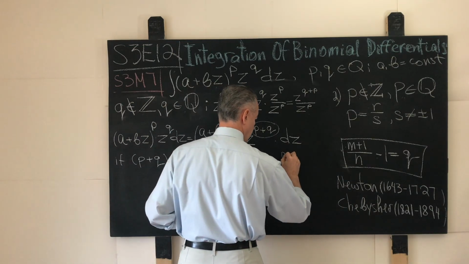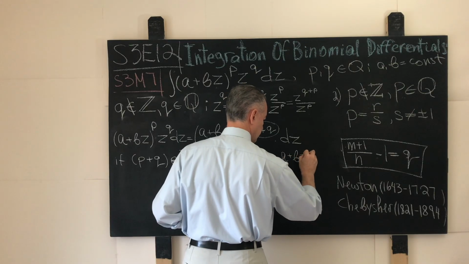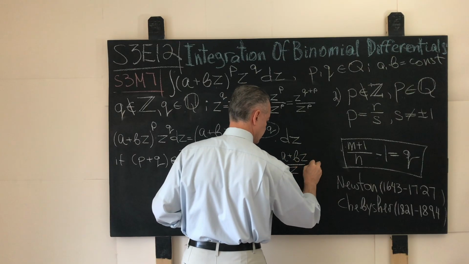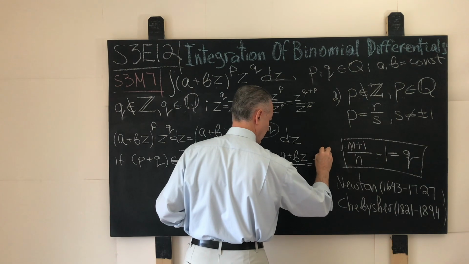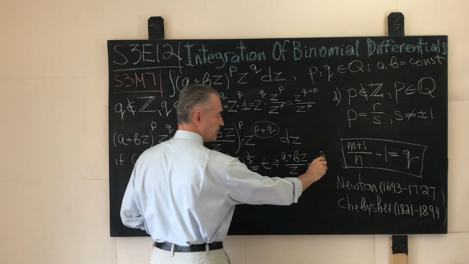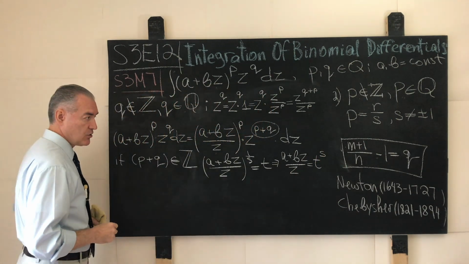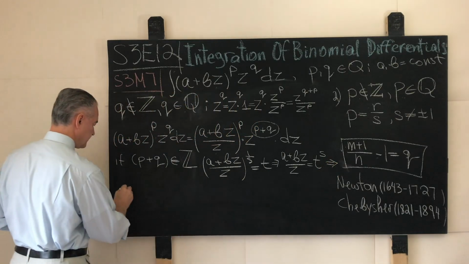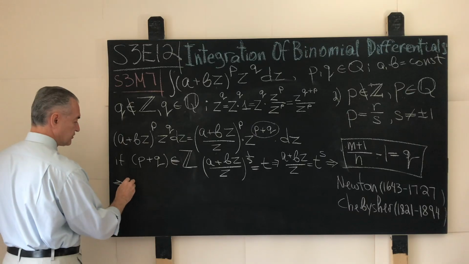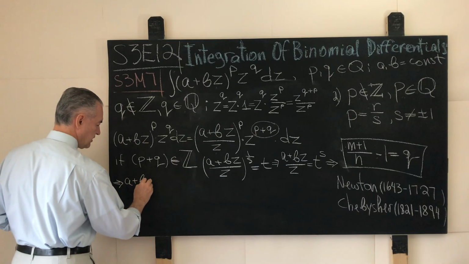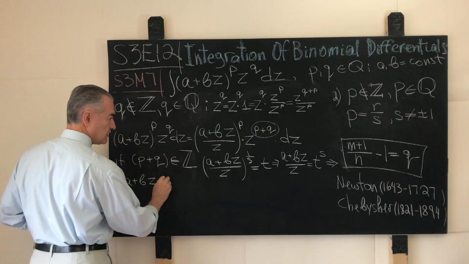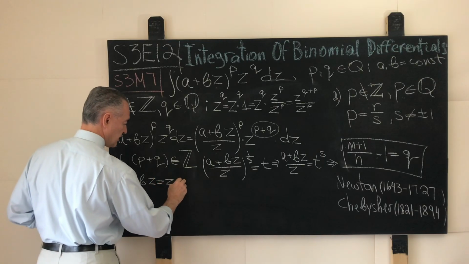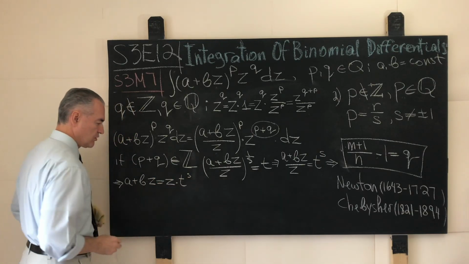That a plus b times z over z is equal to t raised to the power of s. S now is an integer, a whole number, and from here it follows that a plus b times z is equal to z times t raised to the power of s.